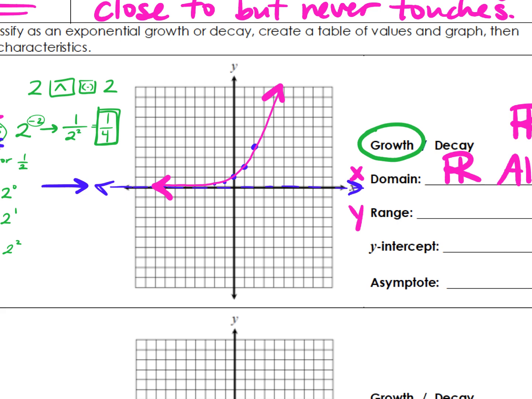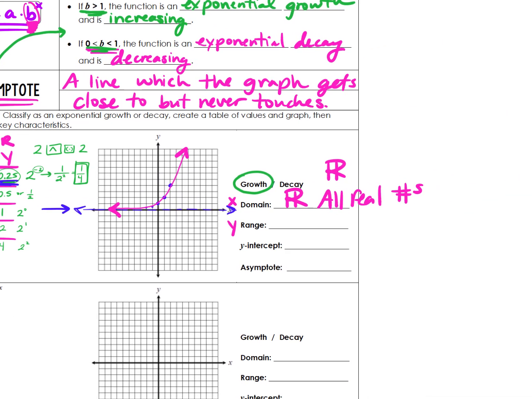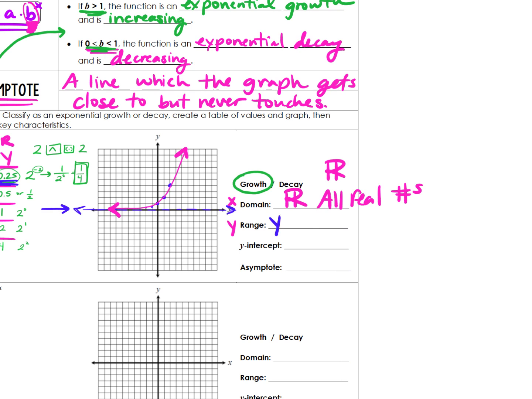So what we said about an asymptote is we will never hit that number, which means every y value that we graph has to be above or below that line? Above, right? Because our graph right now is above that line. So for the range, you're going to say your y value has to be greater than wherever that asymptote falls. So in this case, your y value has to be greater than 0. You will never have a y value anywhere on this graph that is below 0.